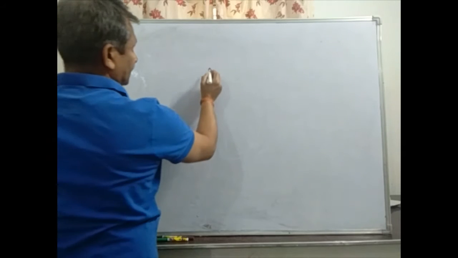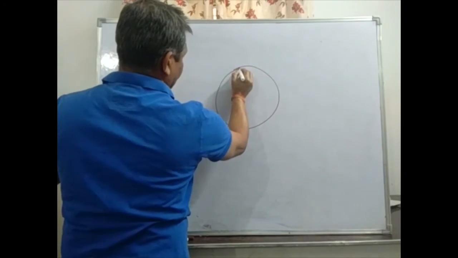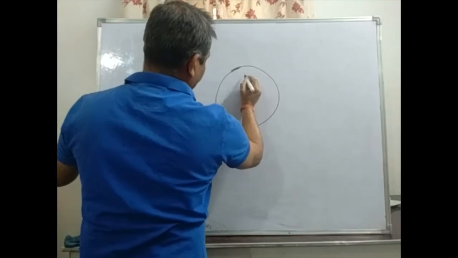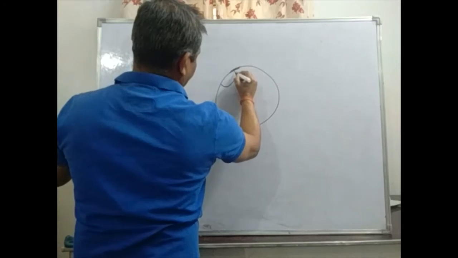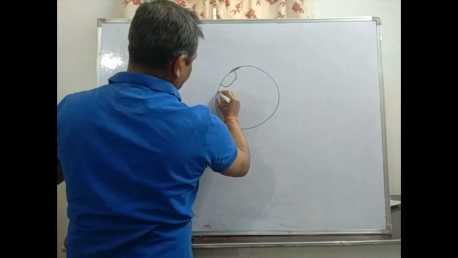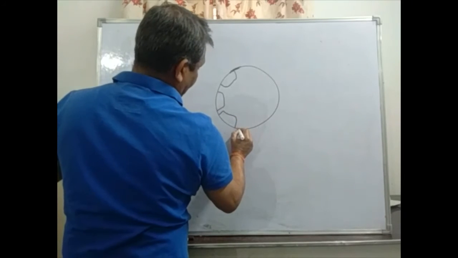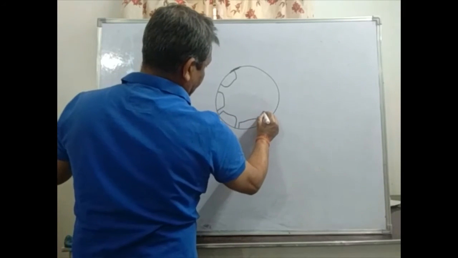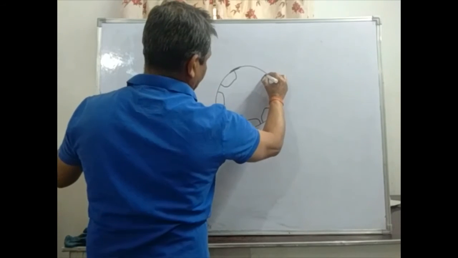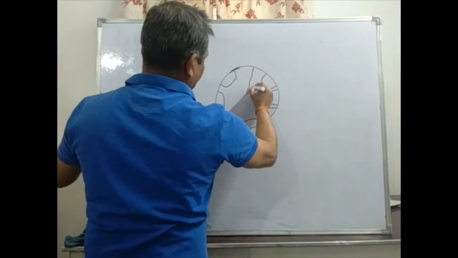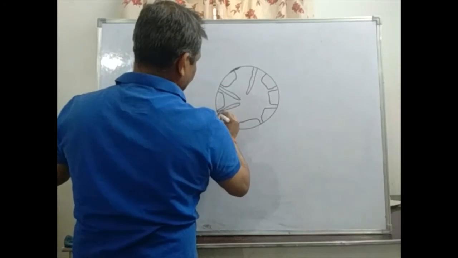When we cut the section, we will see this is the seminiferous tubule in transverse section, and this is the basement membrane. It contains two types of cells. These are the cells closer to the basal area, and here are some other specific cells like this.